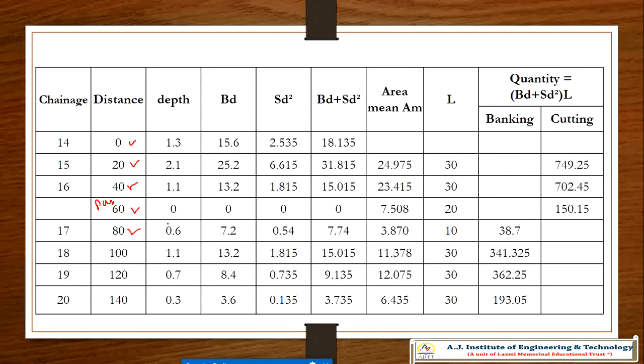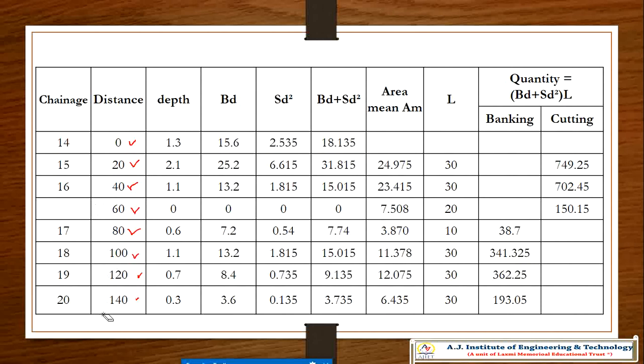Now we will go for the depth. Here one little change has to be made.